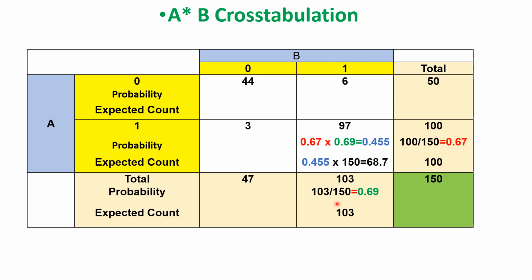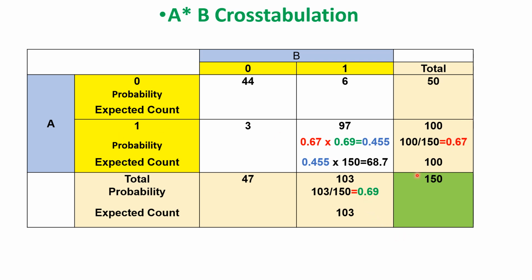So if you apply the probability theory, you will get 103 divided by 150, that is 69.69%, 0.69 or 69% probability for which operator B is saying it is okay. There is a 67% probability. How have we got that? That is 100 divided by the total 150, 0.67 or 67% probability for operator A. So it is an individual probability.